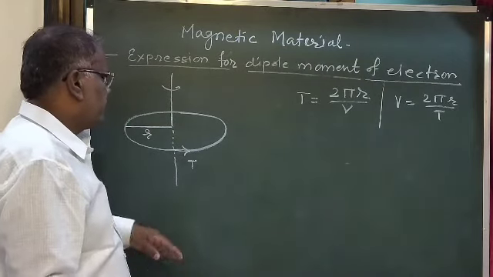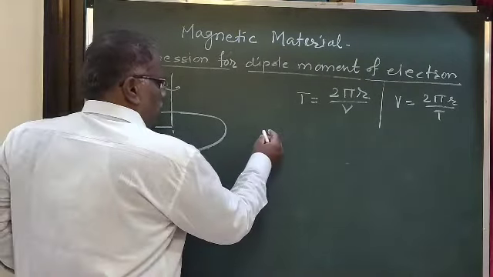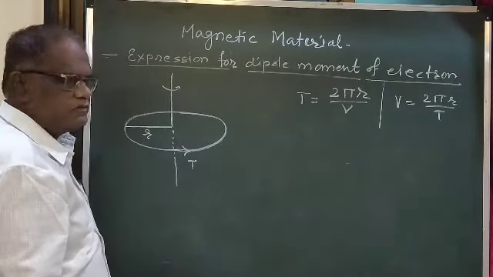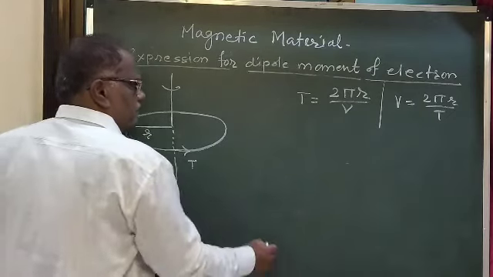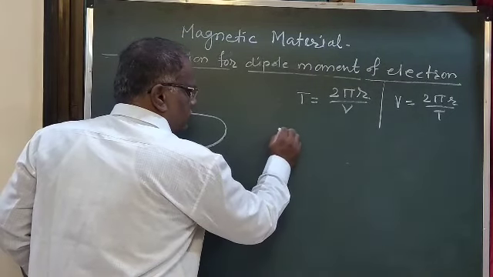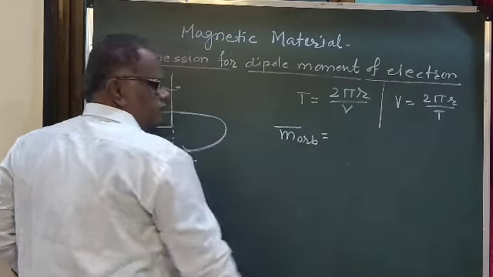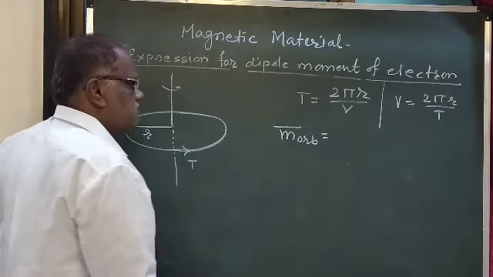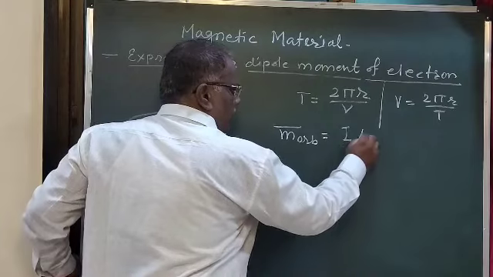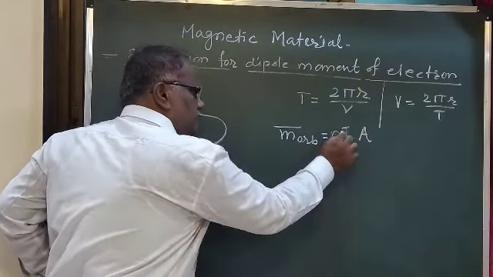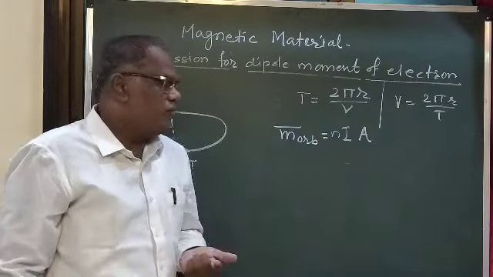Now electron revolves in a circular orbit. We know that dipole moment, orbital dipole moment is I into A. N times I into A in terms of electromagnet.